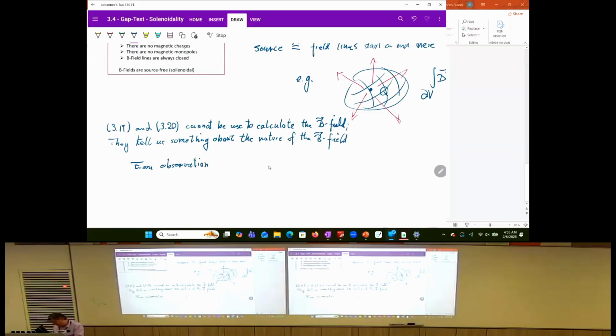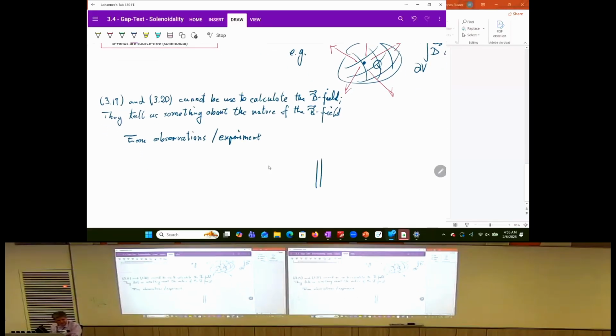If you have a current flowing in this wire, then in consequence you will obtain a B field which is circularly oriented around this wire. So you have a circular B field.